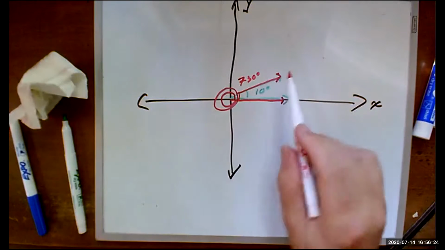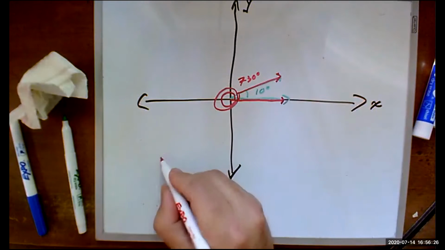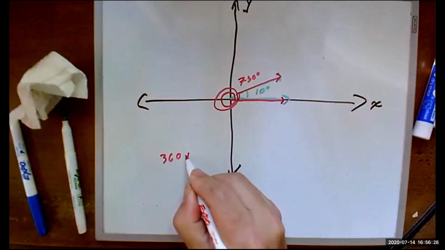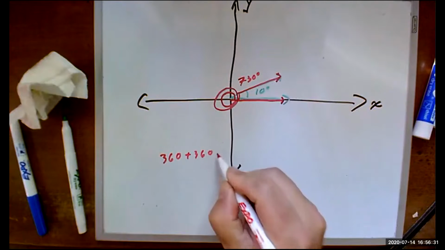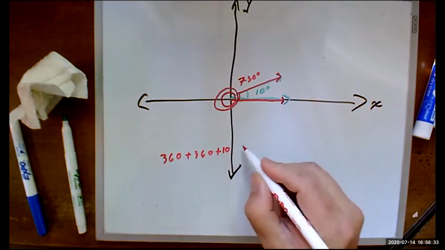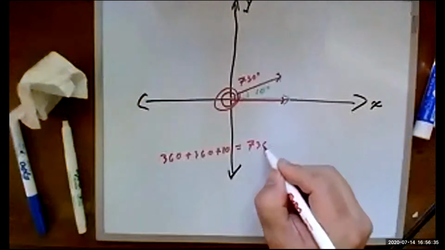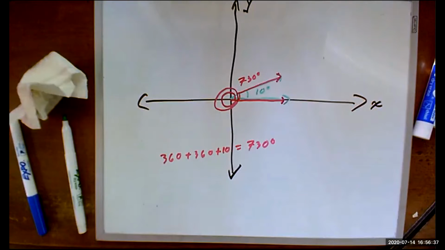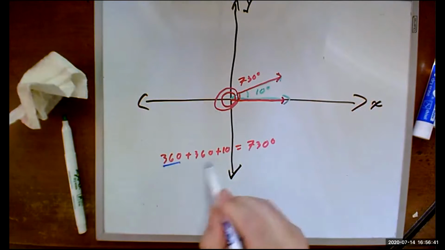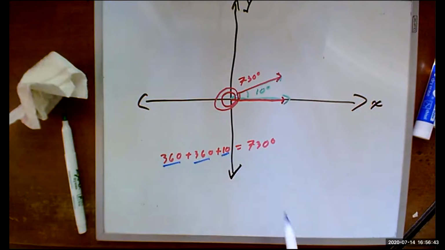And we can see that when we do that, we end up at the same place as our 10 degrees. Because we're simply going around the circle twice, plus that initial 10 degrees.